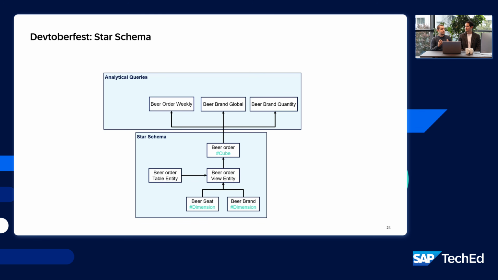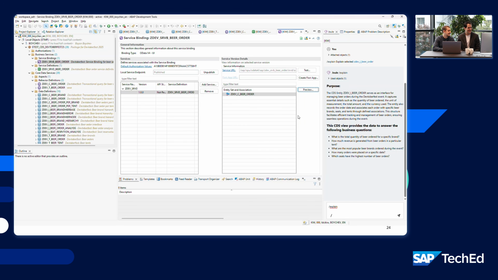And again, we want to do a comparison between the previous week and the next week to see if it's all going well, and that regarding the quantity, so how much liter beer was sold. It's Devtoberfest. That's what's important today. Yes.